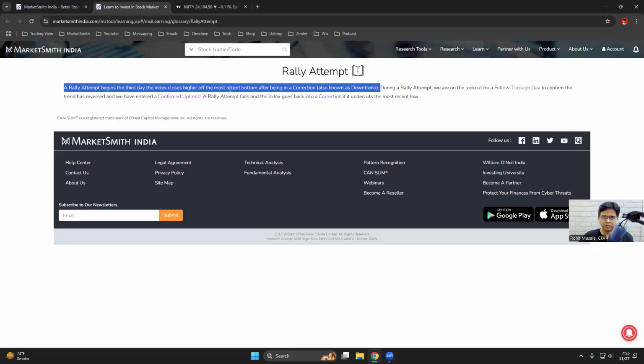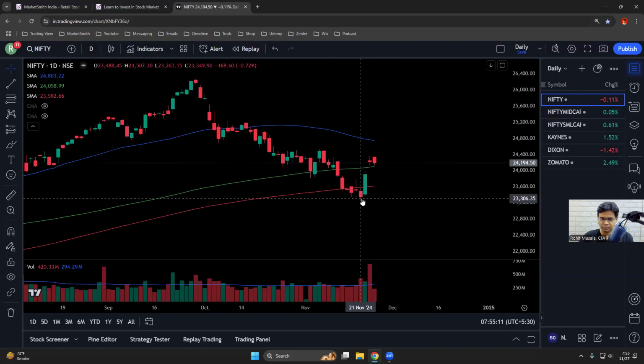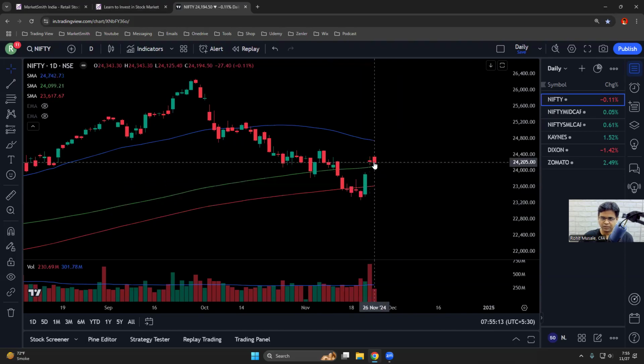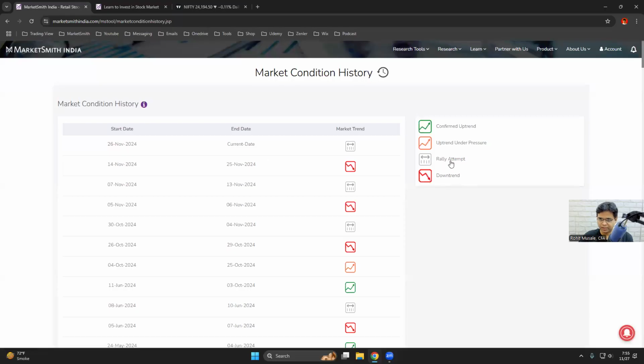So the low of this candle is the most recent bottom. Now you have three candles which have closed above the low of this candle. So on this day, which is 26th November, the market goes into the rally attempt stage. So that's why 26th November till current date, the market is in rally attempt stage.